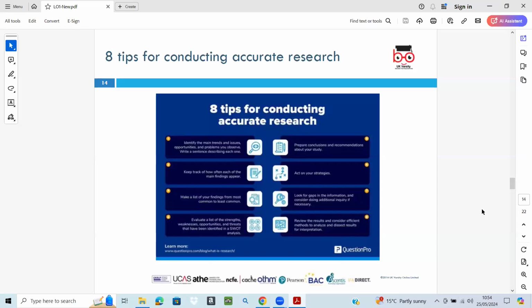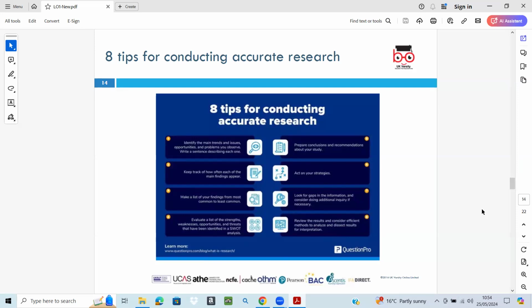We need to make sure that we gather information from reputable sources, for example, peer-reviewed journals, academic publications, and government reports. And we need to ensure that the sources we use are current and reliable.